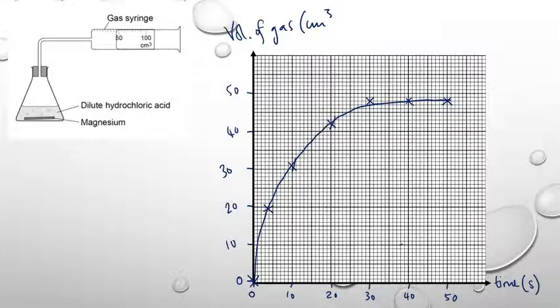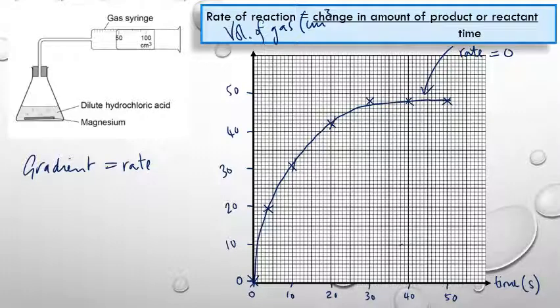So imagine that I'd measured these quantities. And the gradient of the line tells us the rate. The gradient is how steep the line is. At the end of the reaction, the rate is 0. It's finished, so the rate has to be 0 at the end. Whereas at the beginning, it's very fast. Rate of reaction equals change in amount divided by time. I think you have done gradients in maths and know that the gradient of a line is change in y over change in x.